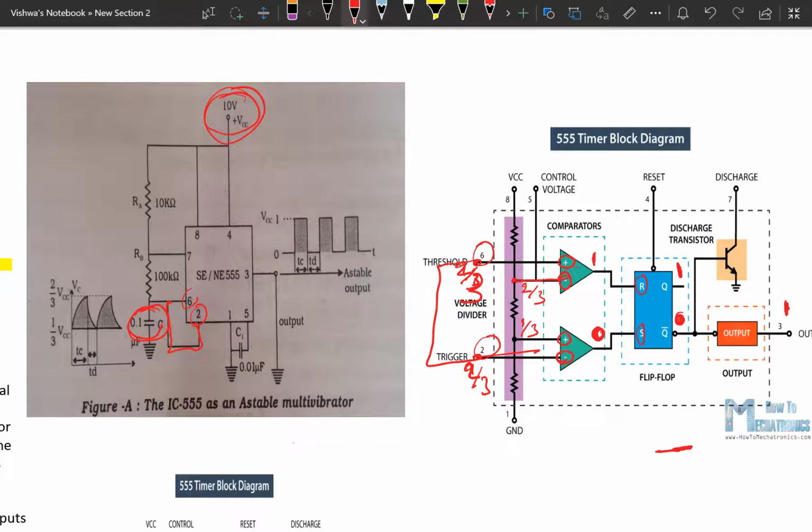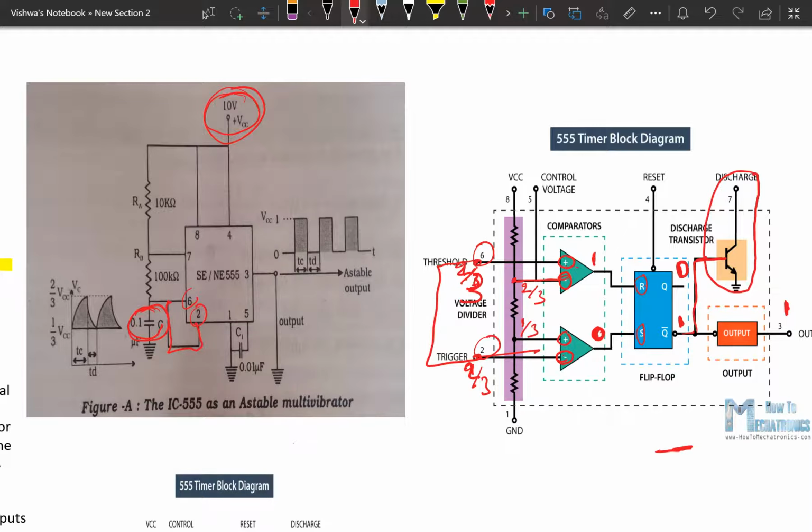Now the state changes. So when R is 1, S is 0, here it becomes 0. When Q becomes 0, Q bar becomes 1. When Q bar becomes 1, now this discharging transistor gets activated, because this is connected to the base of the transistor, and the base of the transistor gets sufficient voltage, then it can start conducting.